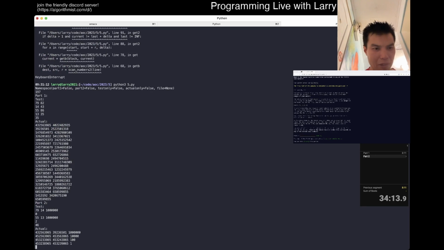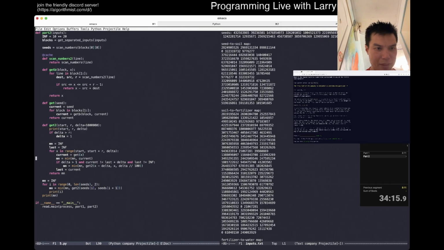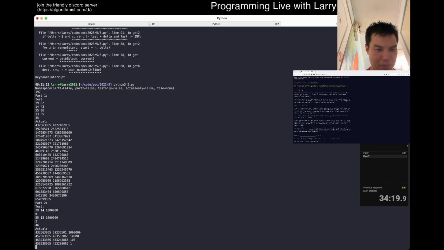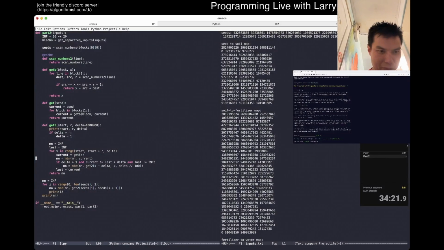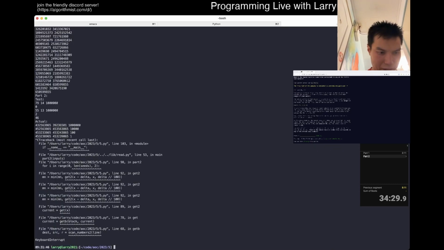Why does it take so long for 100 numbers? Am I doing something funky? Really have to figure out how to see.